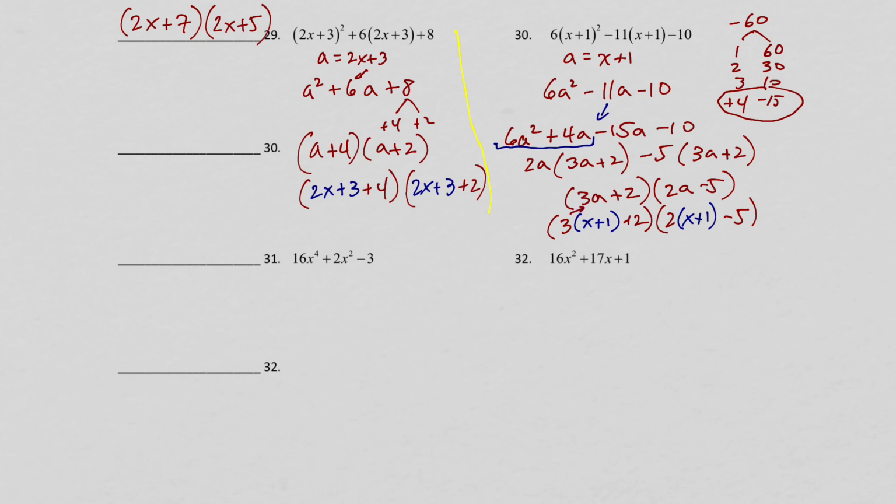And when I distribute this, I'm running out of room here, but I'm going to get 3x plus 3, and I still have that plus 2. When I distribute this, I'm going to get 2x plus 2, but I still have that minus 5. Finally, this simplifies to 3x plus 5, and this simplifies to 2x minus 3.